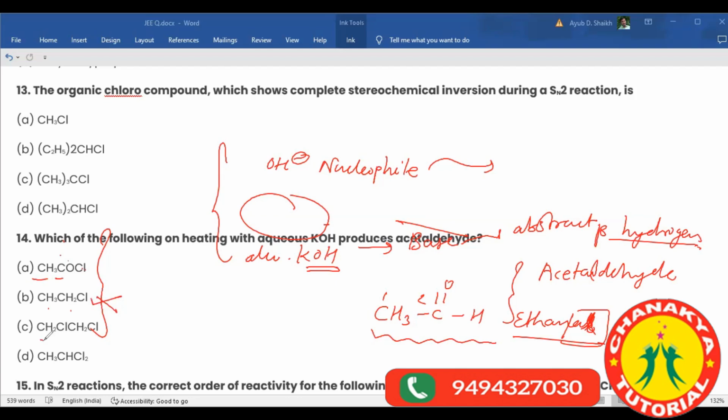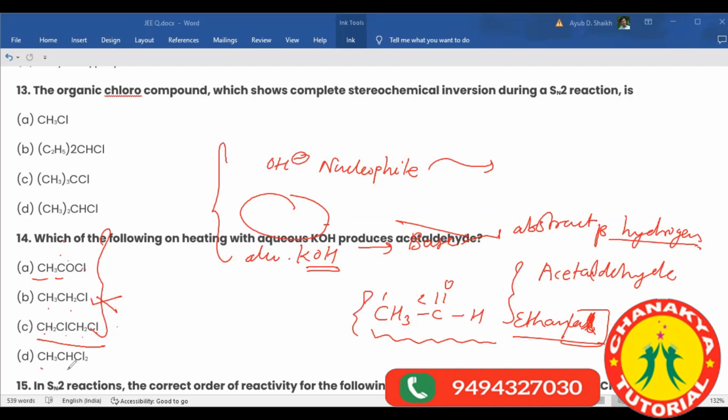Then the next, this is the coupled product, right? CH2Cl, CH2Cl. Such a product would be dichloroethane, isn't it? So dichloroethane is not required for the formation of acetaldehyde.